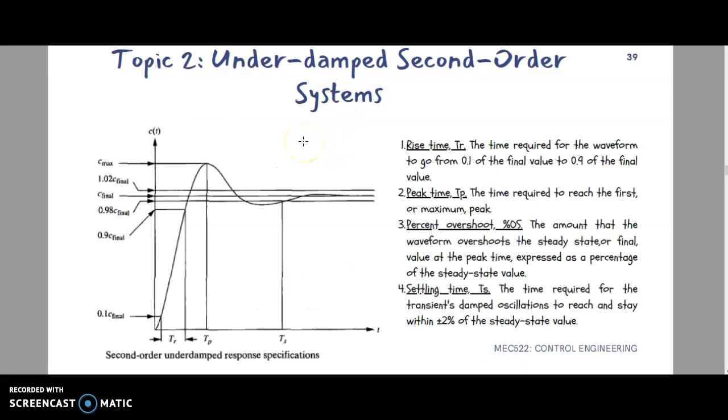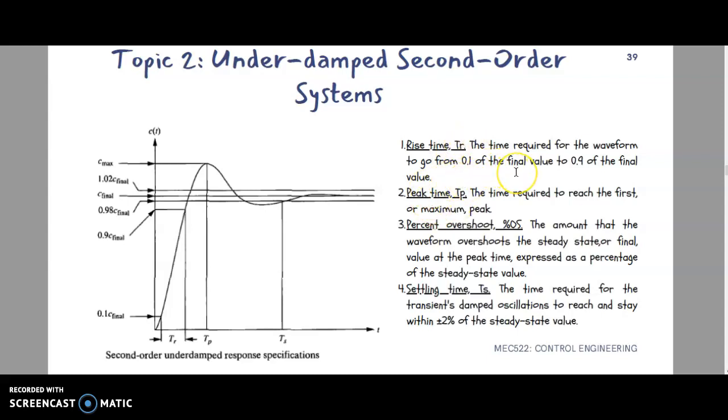In this case, we want to know the relationship for Tp, Ts, and the percent overshoot. The first one is the rise time, Tr.